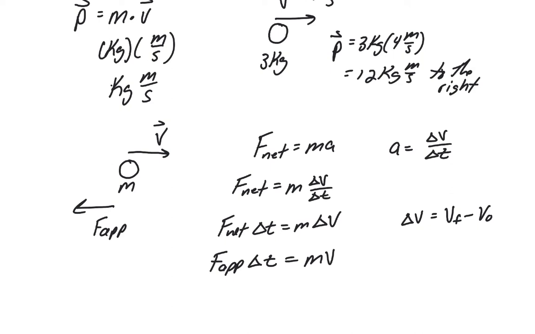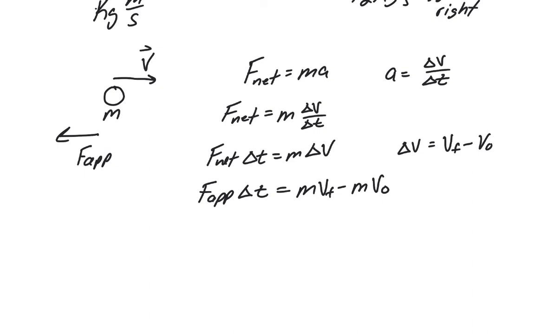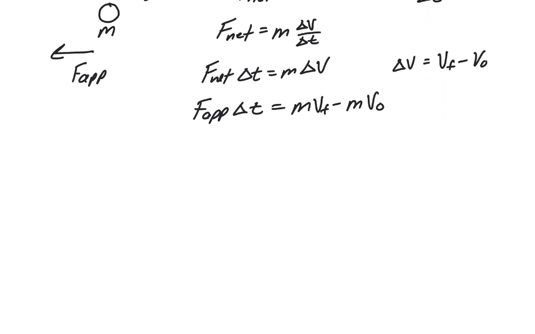So I get m times v final minus m times v initial. Well, since we've defined momentum as mass times velocity, that simply becomes F applied times delta t is equal to the final momentum minus the initial momentum. And finally, I can write that as F applied times delta t is equal to a change in momentum.